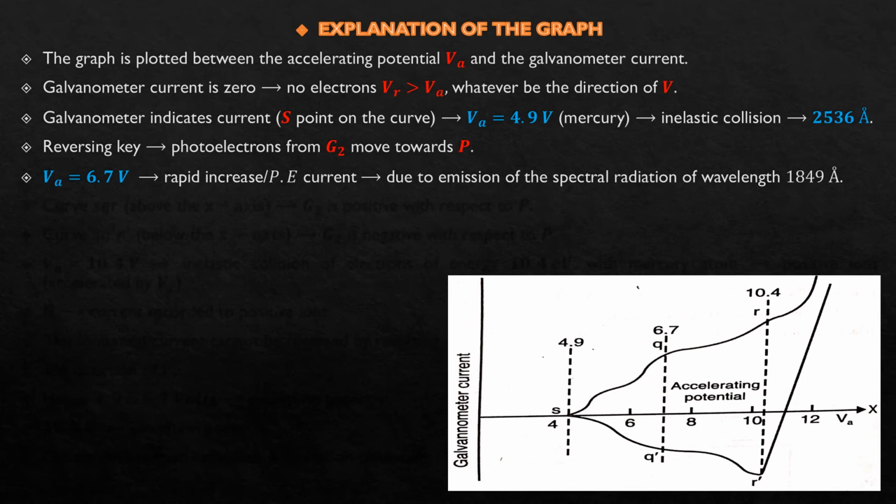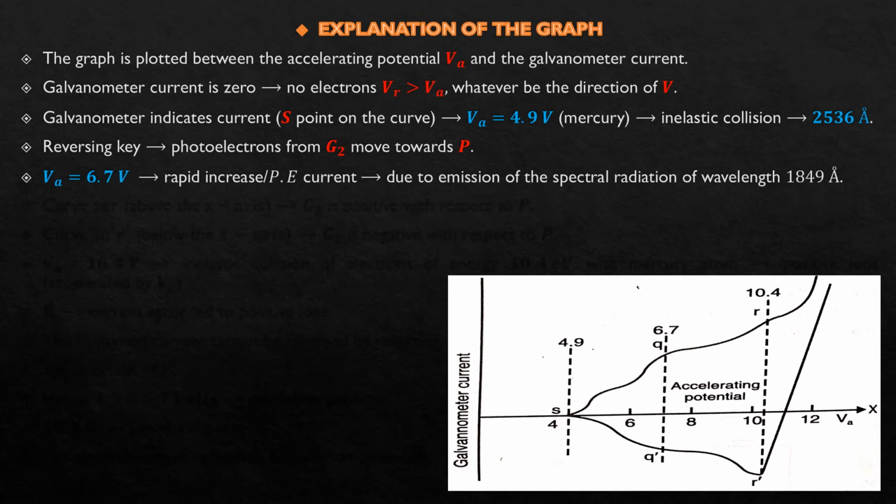This is due to the emission of spectral radiation of wavelength 1849 Angstrom by the mercury atoms excited by inelastic collisions with the electrons. As before, this photoelectric current is reversed on reversing V.